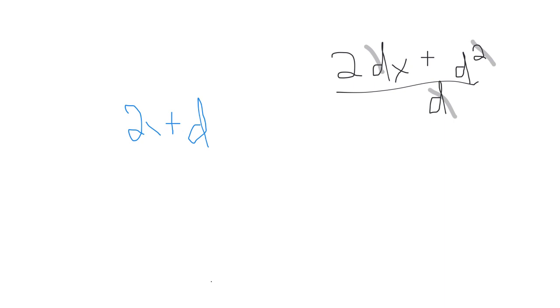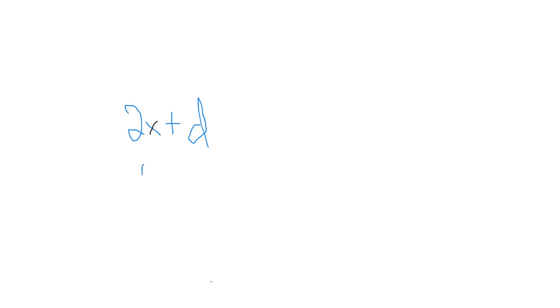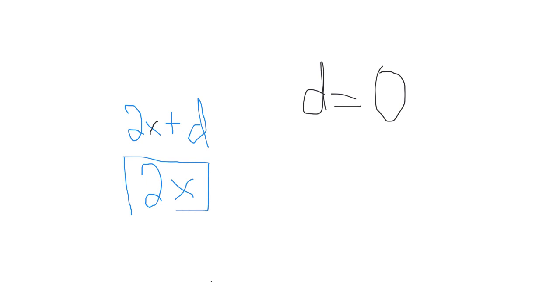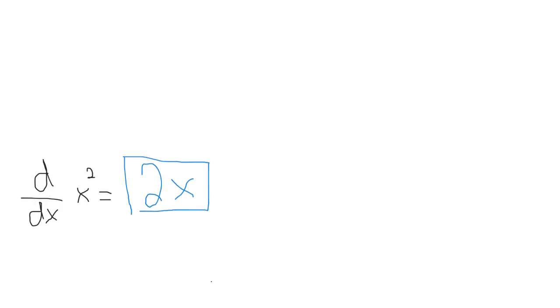We know that d is approaching 0, so we can plug in 0, and it's still a valid equation. So at the end, we find that the derivative of x squared is 2x.